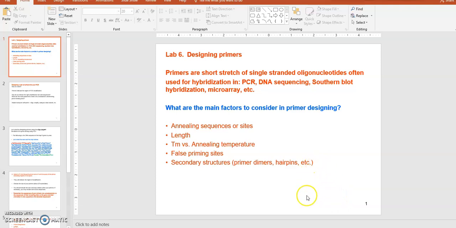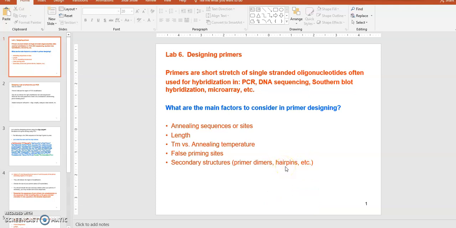So that's what secondary structure means: within a single primer, there may be base pairing that can happen. We call those hairpin structures. If your primer is folded up by itself, then your primer is not available for binding with the target site. So that's not good. If we have a lot of hairpin structures within your primer, that's not good.